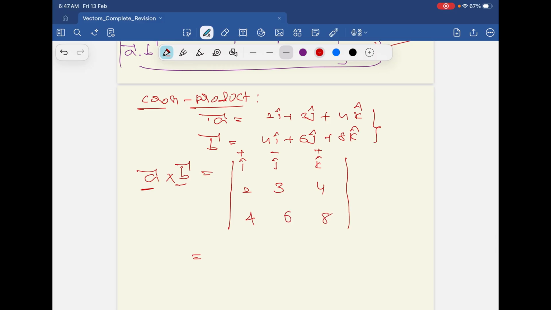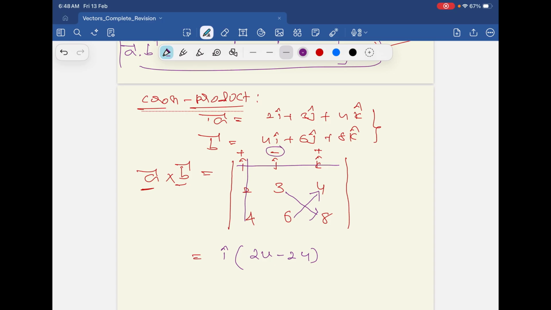Now the matrix determinant method. When you write i cap, first row, first column, forget them, and write the remaining elements. Diagonal elements multiplication and difference. So 3 8s are 24 minus 24, 6 4s are 24.